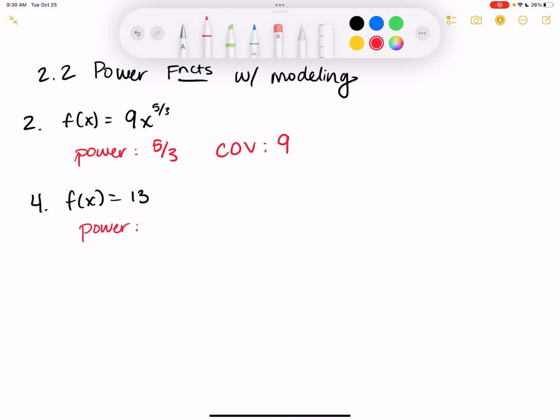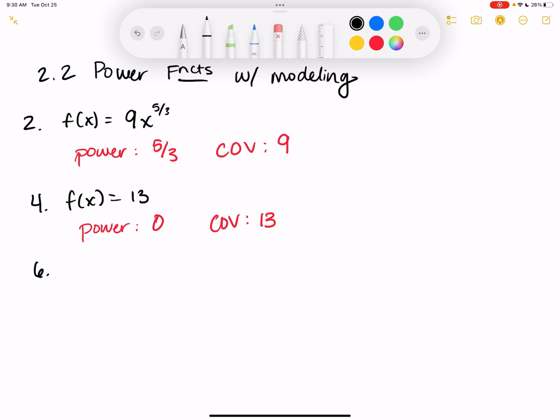Anything raised to the 0 is 1. So your variable, if it was raised to the 0, would just be 1, which is why it's not written there. That's why it's still a power function. So what's the constant of variation? 13.